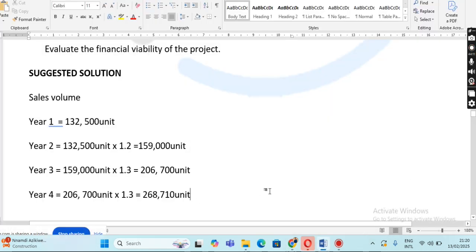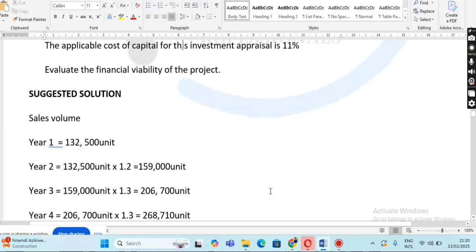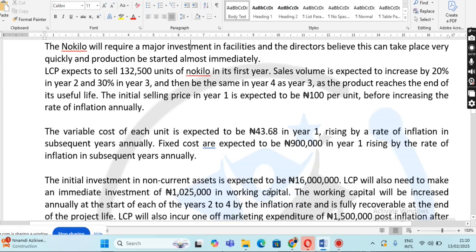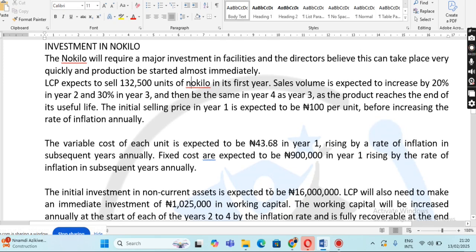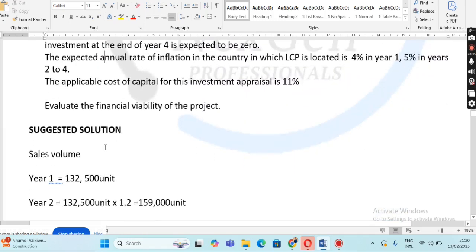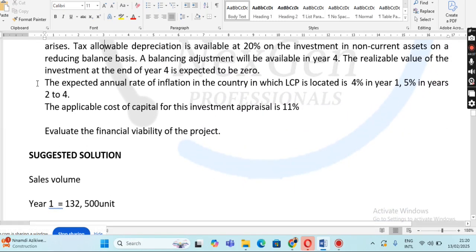Okay. So if this is established, let's check the sales. The selling price in year 1 is expected to be 100 naira per unit, before increasing by the rate of inflation annually. So what is the inflation rate annually? 4%, 5%, right?